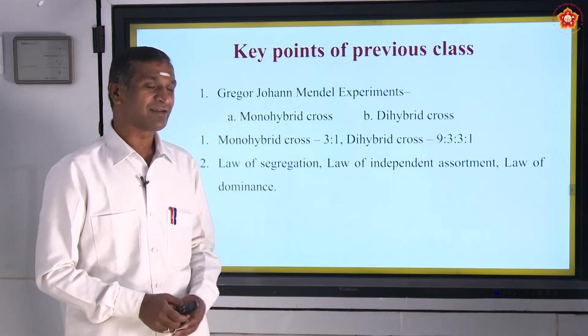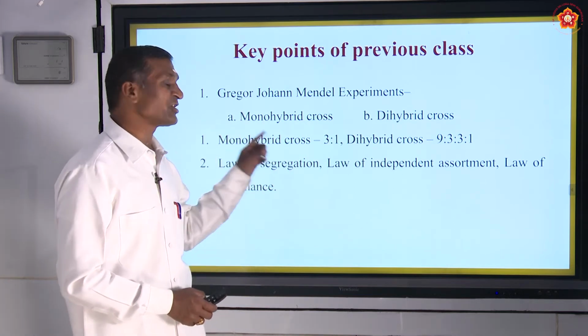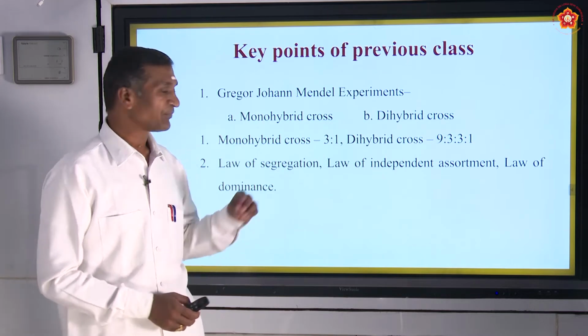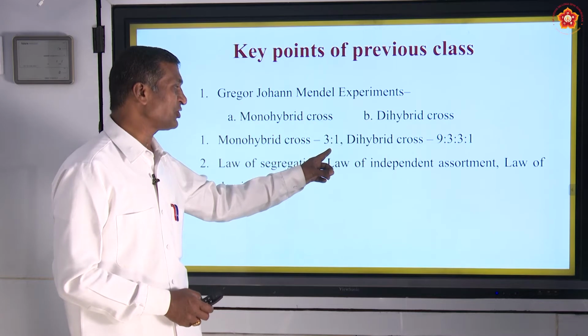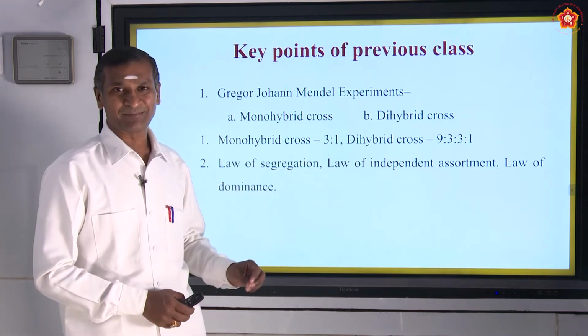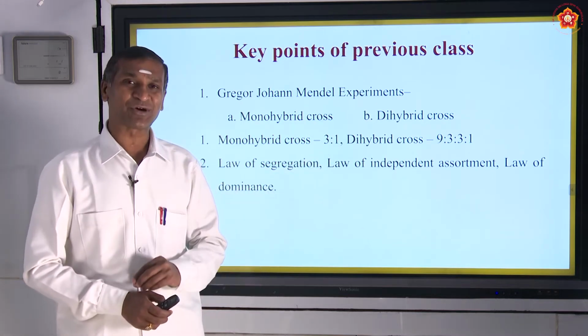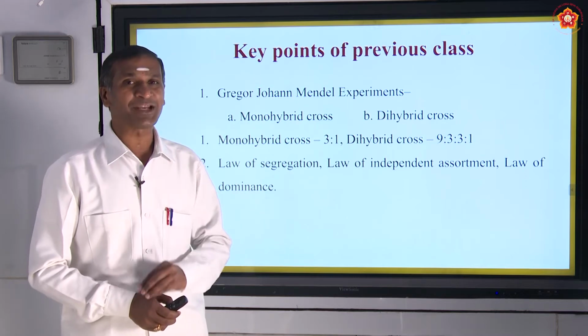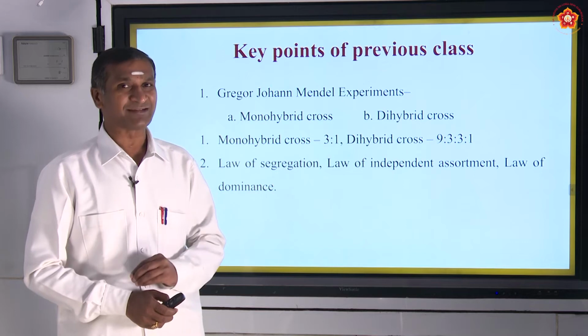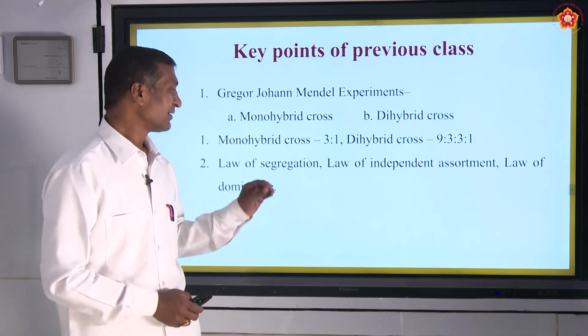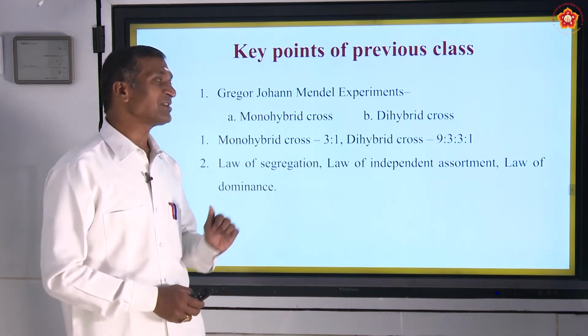And finally, his experimentation brought the result that in a monohybrid cross, the phenotype ratio is 3:1, and in a dihybrid cross, the phenotype ratio is 9:3:3:1.